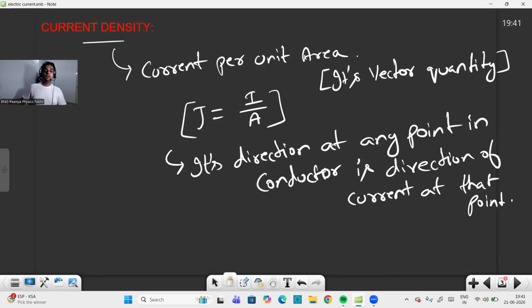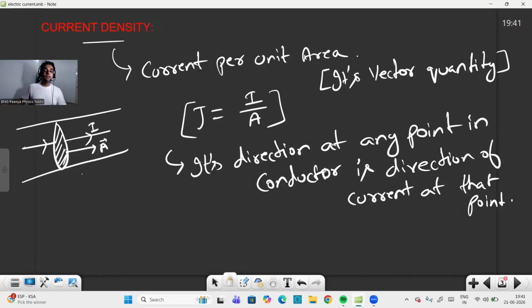So how do we define J equals I by A? For example, here is a surface cross-section area of a conductor and the current is flowing like this. The area vector is always normal to the surface, so it is a vector, correct? Now understood? And this is the current direction. So how do we define J?